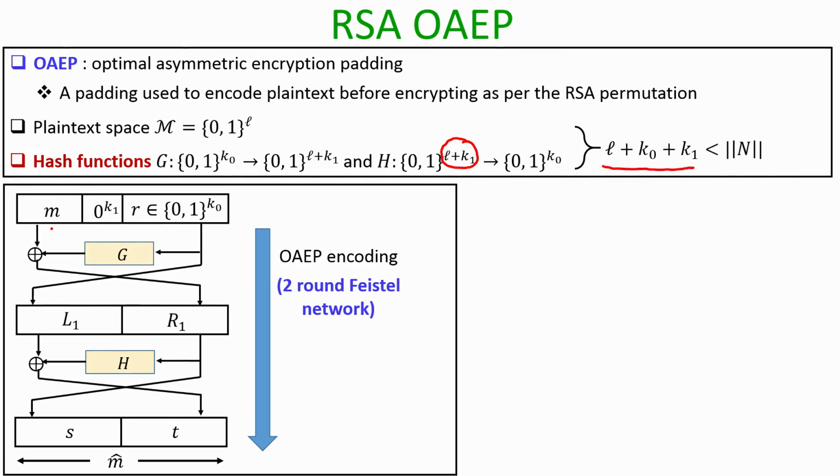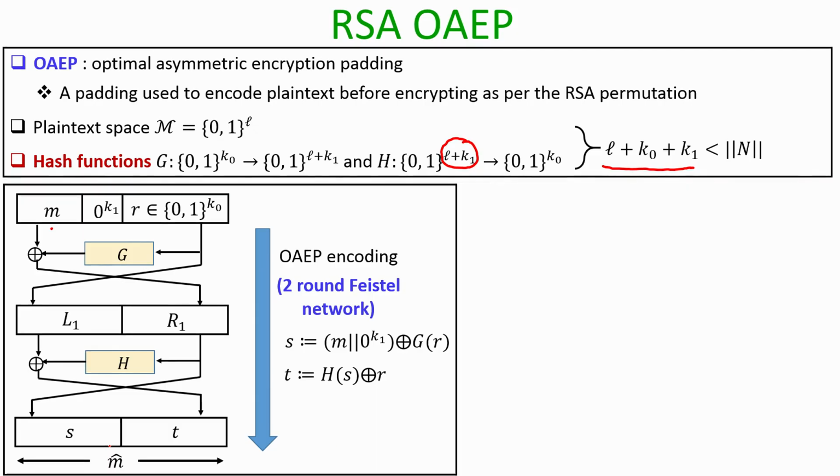In the second round we use the function h as the round function. The current right half becomes the next left half, and the current left half is XORed with the output of the h function on the current right half, and that becomes the next right half. The concatenation of the next left half and the next right half is interpreted as an element of either Zn star or Zn, depending upon whether it is relatively prime to the modulus or not, and we call that resultant element m hat.